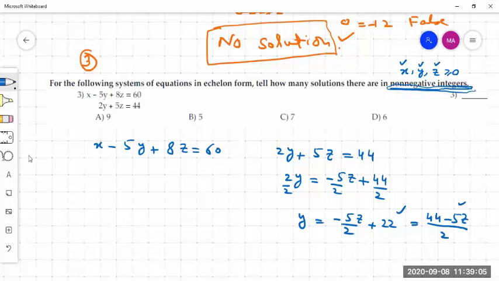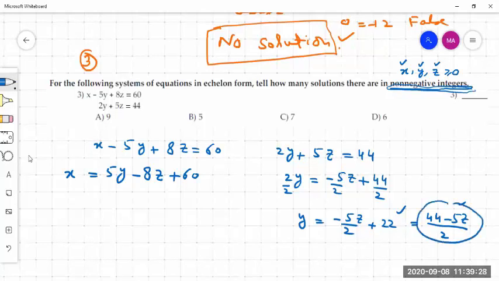And now from here, you can also solve the first equation for x. So x would be equal to, move 5y and 8z to the other side. So that would be a negative 5y on this side, on the other side it becomes plus 5y, then minus 8z and then plus 60. And now you can plug in this y value back in here, right?